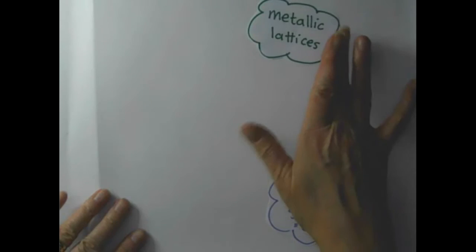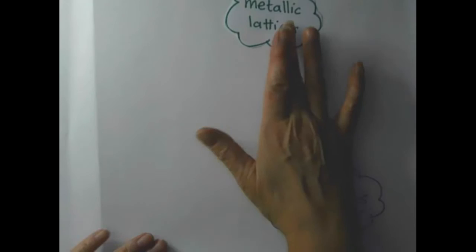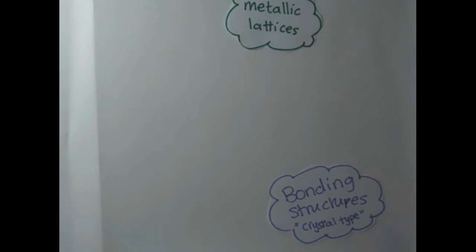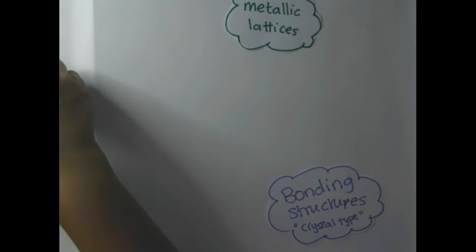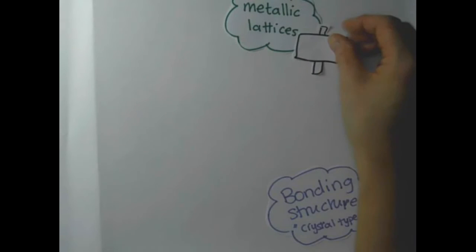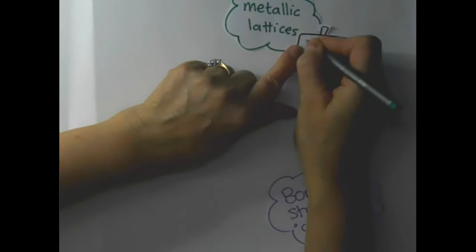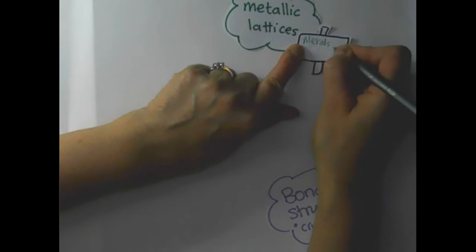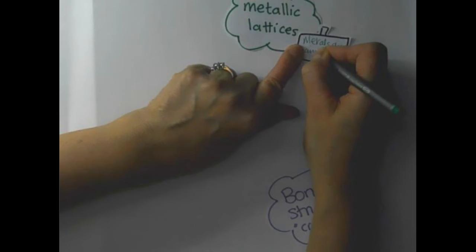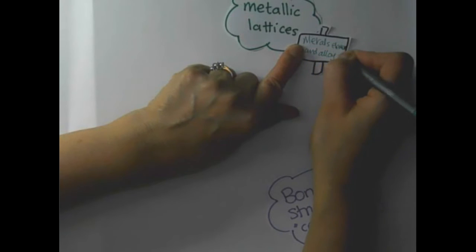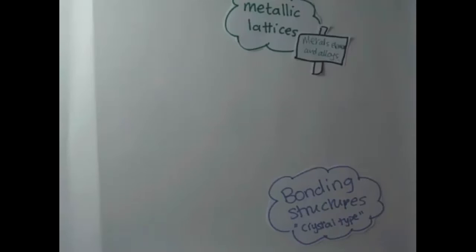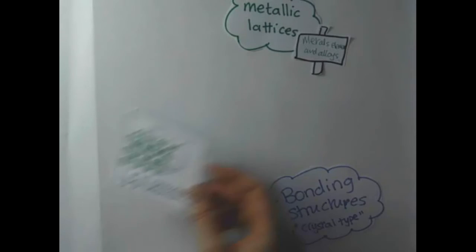Okay, so my fourth crystal structure are these metallic lattices. Metallic lattices tend to be all metal elements and alloys. So we see metallic bonding in those structures. Here's one I drew earlier.